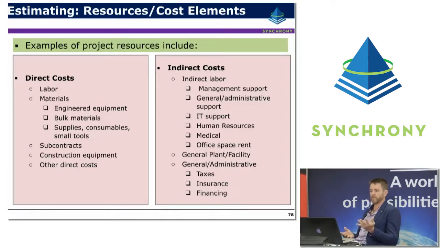So examples of direct costs are labour, materials, subcontract, equipment, and of course other direct costs, whereas indirect costs tend to be indirect labour such as management support, HR, IT, home office overhead type costs, general plant and facility, office space rental, general and administrative taxes, insurance, financing, some of those sorts of elements that are usually handled at an organisational level and assigned to the project using some method.